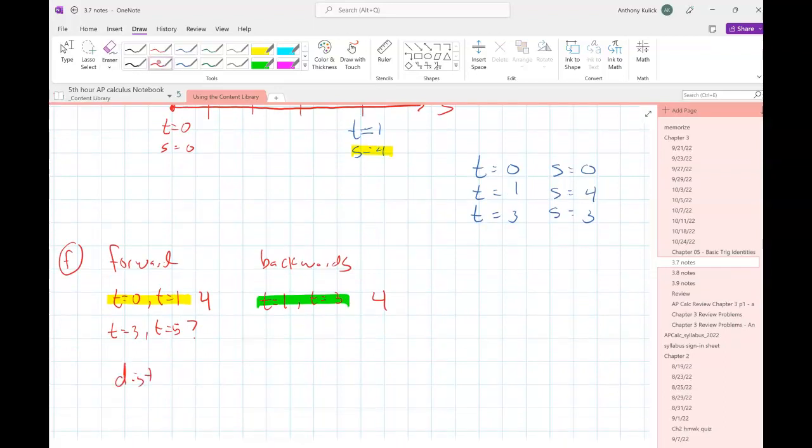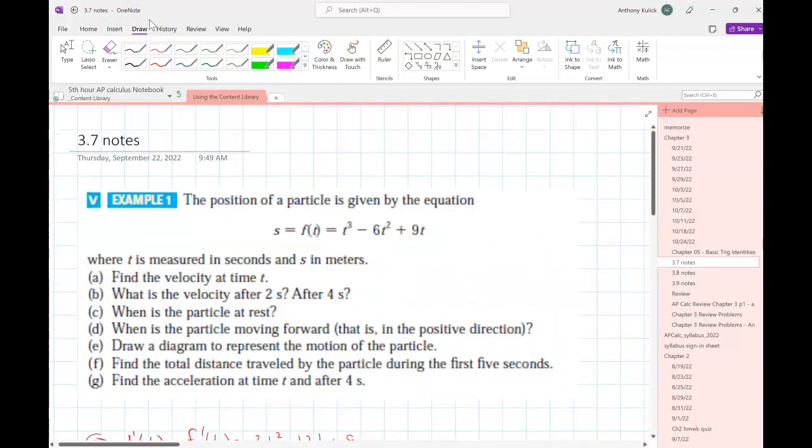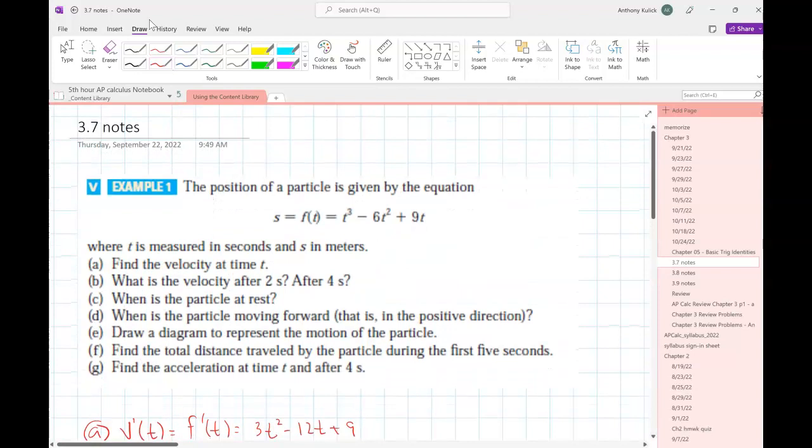So that distance is going to just be s of 5 minus s of 3. And I already know that s of 3 is 0. So I'm just going to plug in 5 to my position function up here. So 125 minus 150 plus 45 is 20.